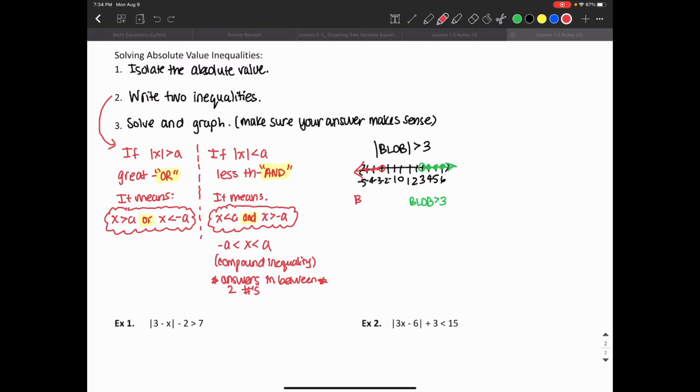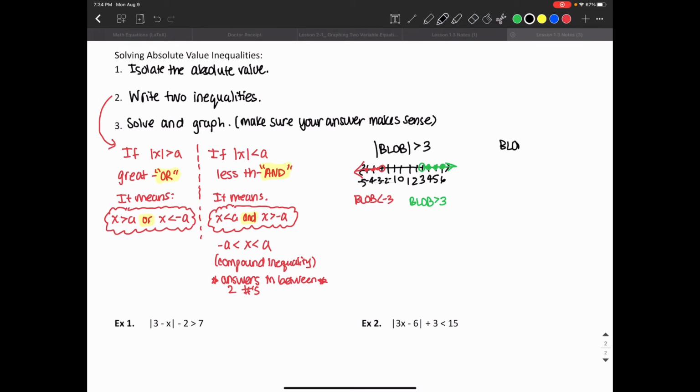So I can say that blob can be anything that is less than -3. If it was -4, that's more than 3 spaces from 0. If it was -5, that's more than 3 spaces from 0. And then these two inequalities are the ones that you have if you have something is greater than a number.